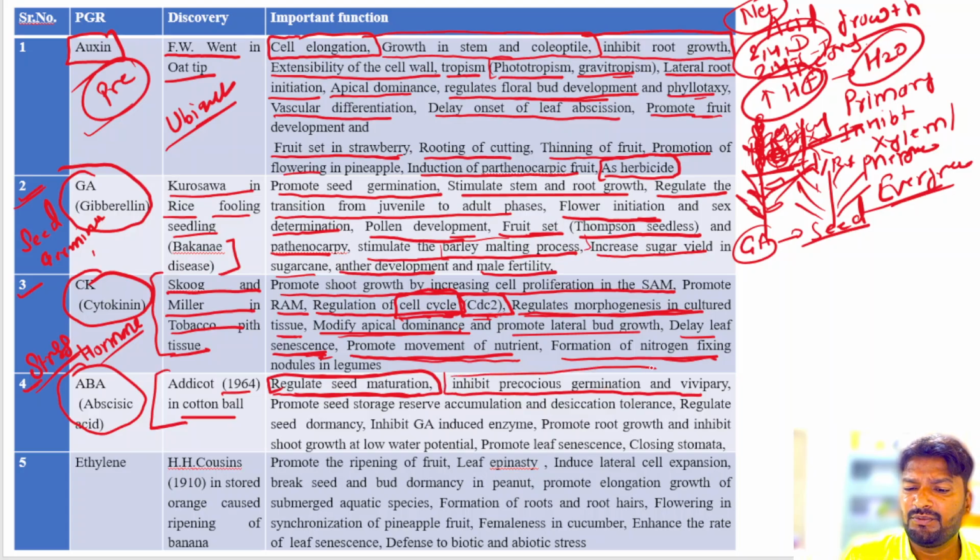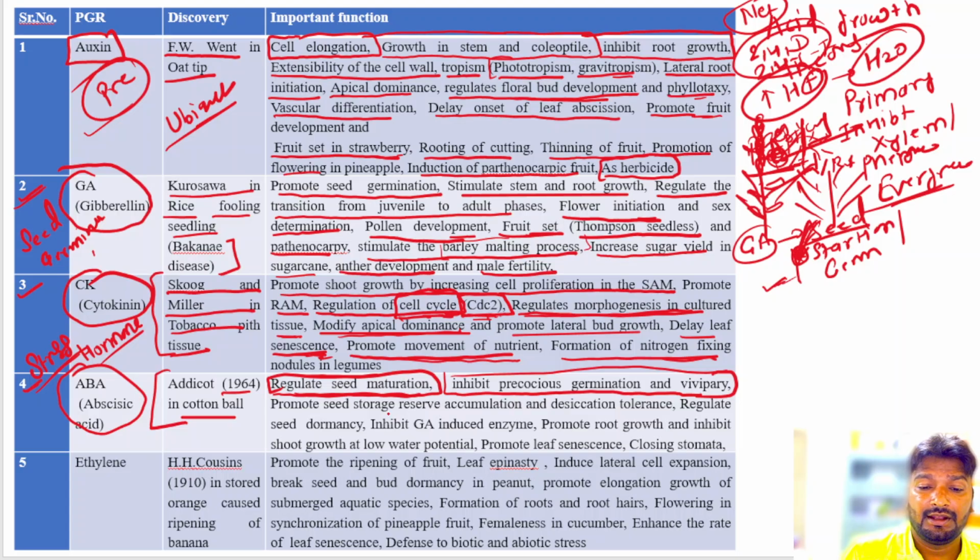So what is the vivipary? Vivipary means there is a starting or initiation of germination process when the seed is on the mother plant. मीन्स हार्वेस्टिंग से पहले ही अगर आपका नया प्लांट जर्मिनेट हो जाता है, सीड जर्मिनेट हो जाता है, दैट इज विविपेरी. So this hormone inhibit this precocious or early germination and the vivipary.